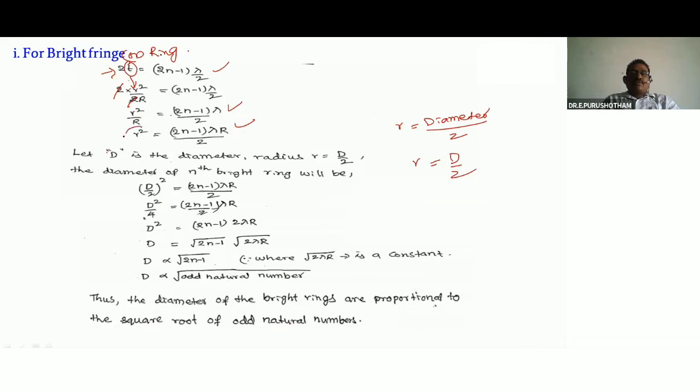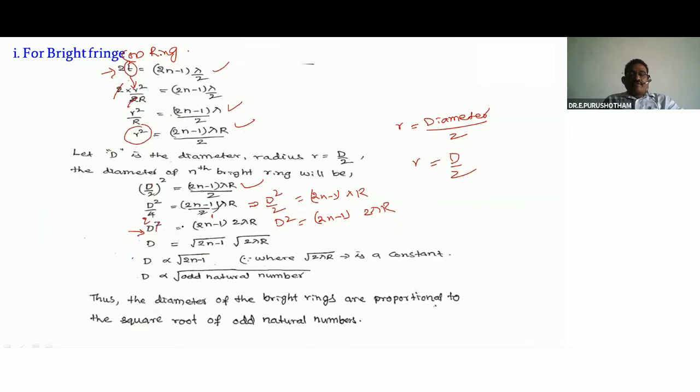Substituting D by 2 in place of r, D square by 2 square, that is D square by 4, and the right side stays the same. So D square by 2 is equal to (2n minus 1) into lambda R. So D square is equal to (2n minus 1) into 2 lambda R.